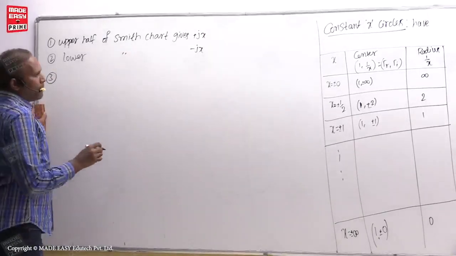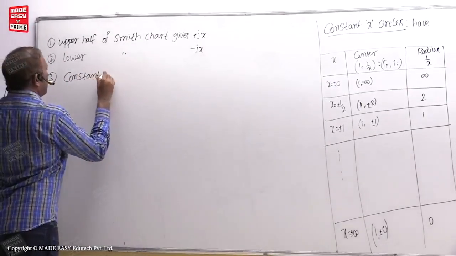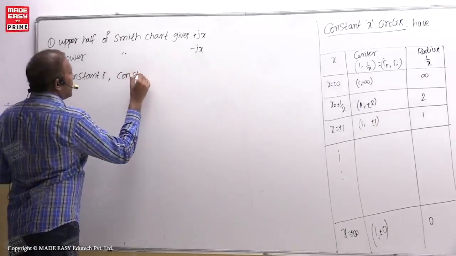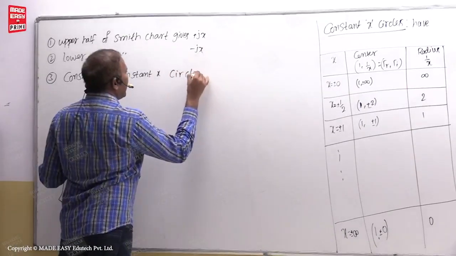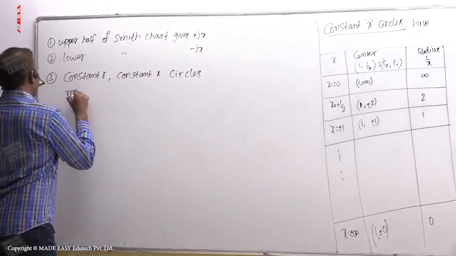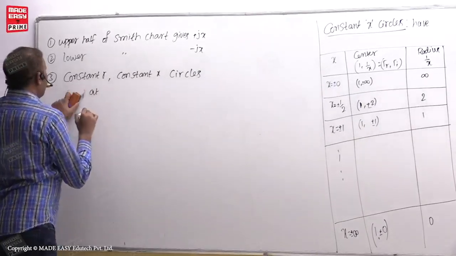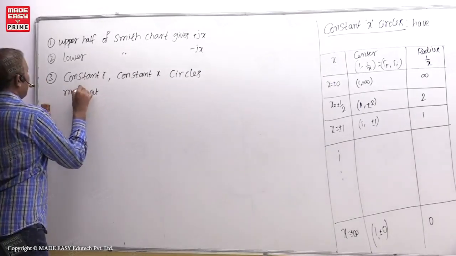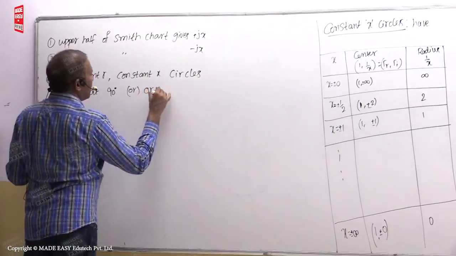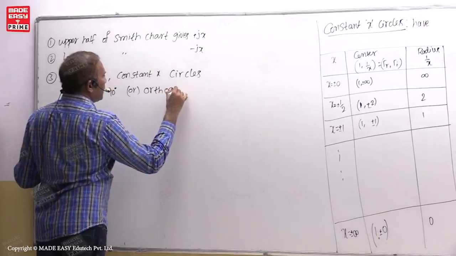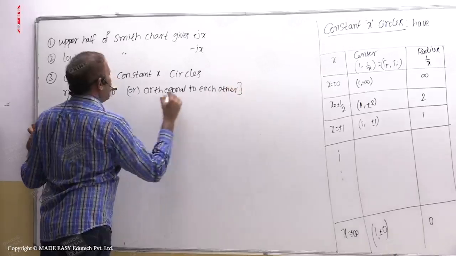Then constant R, constant X circles meet at 90 degrees, or otherwise orthogonal to each other. Orthogonal to each other means 90 degrees only.